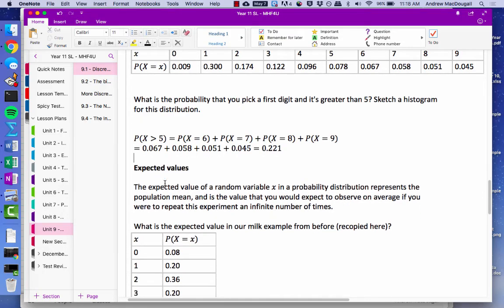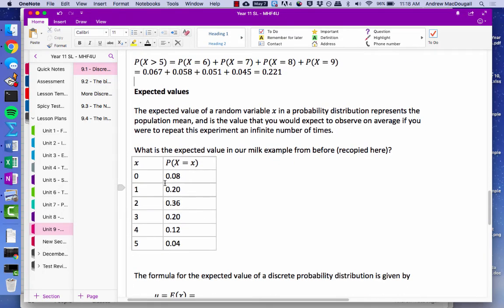Now, going through here, the expected value. Probability distributions have what we call an expected value, which is a value you'd get if you kept picking. Say in our milk example here, I've recopied it, these are the probabilities in decimal now, that a randomly selected family drinks 0, 1, 2, 3, 4, 5 liters of milk per day.